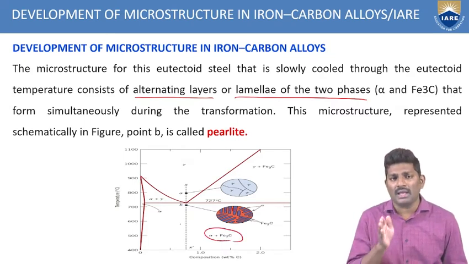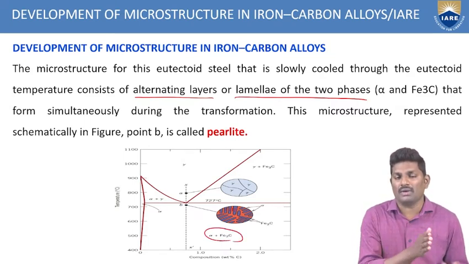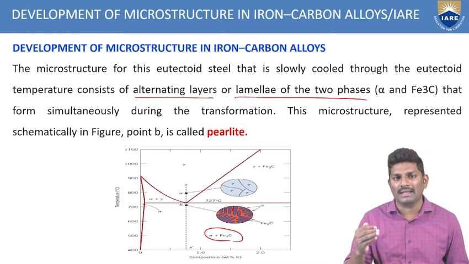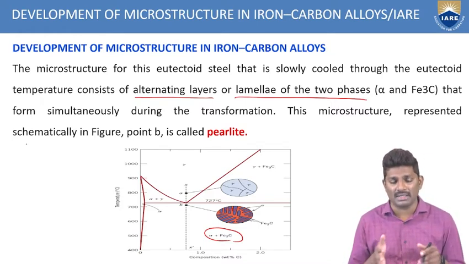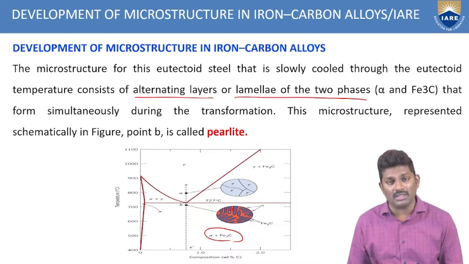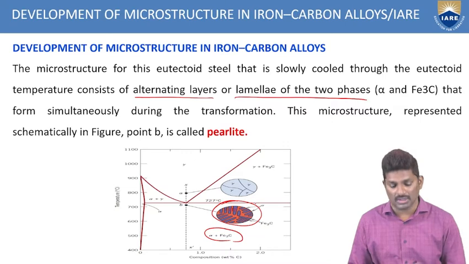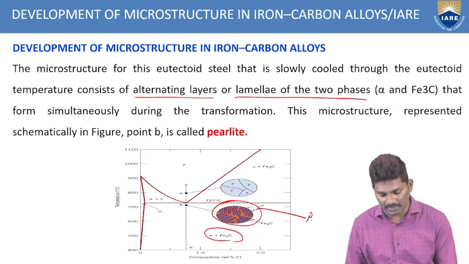These alternate layers are arranged one after the other so that you can see the difference in the microstructure above and below the eutectic temperature. The microstructure represented in this figure, the point B, is called pearlite. The complete microstructure, whatever you are seeing, is called pearlite.